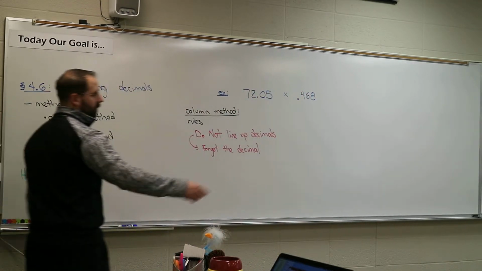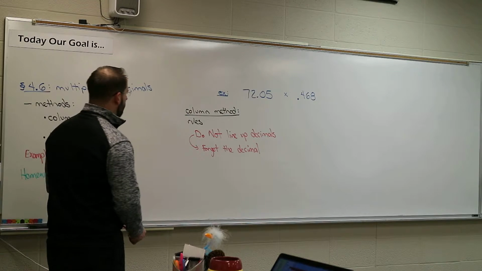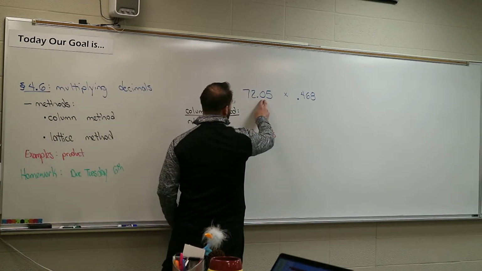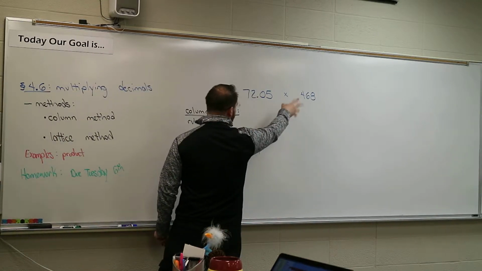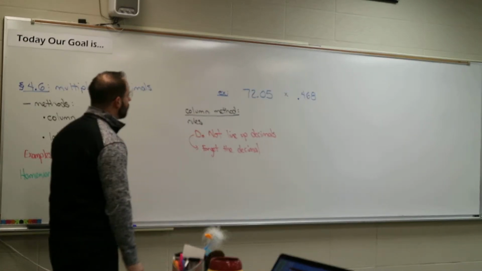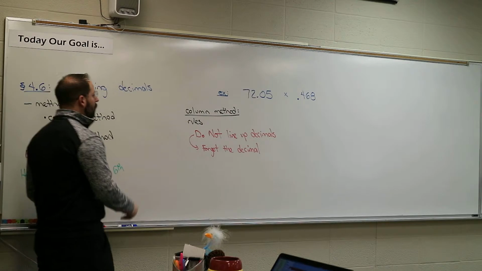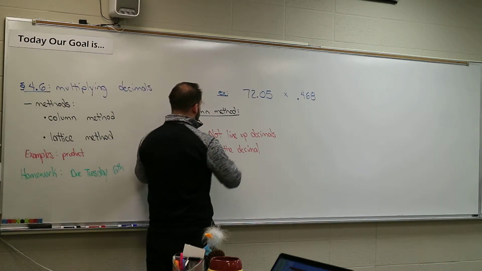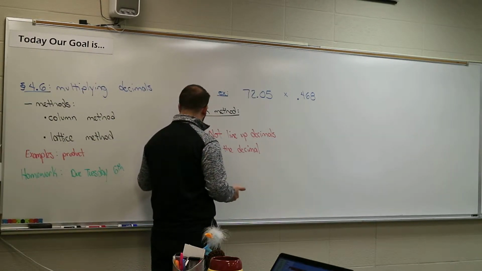In the middle, I do need that 0 because it is in the middle, but I don't need the ones in front or behind the 8. So we forget the decimals, do not line them up, and just multiply as normal, finding the product.